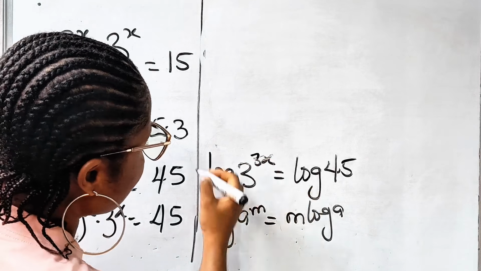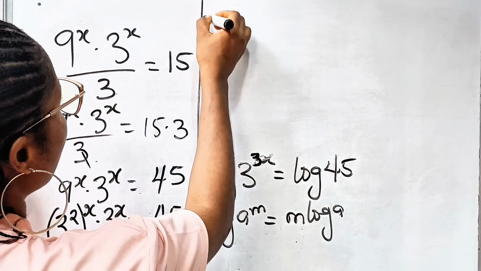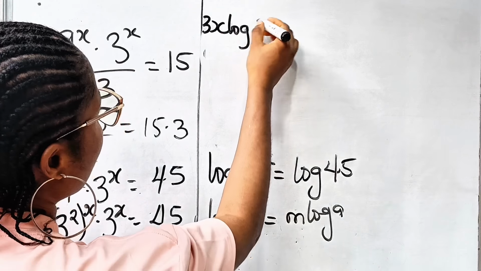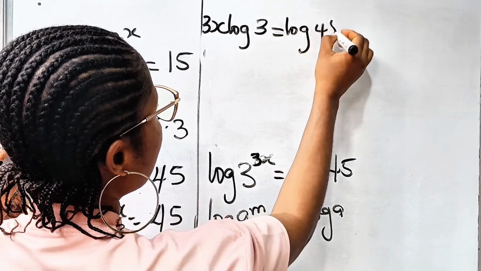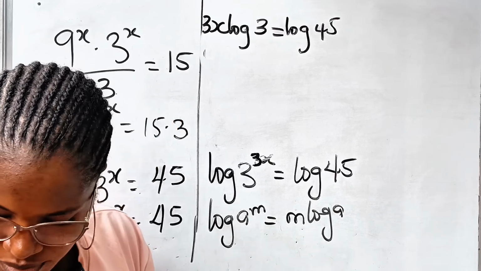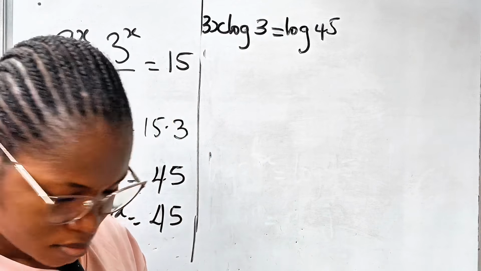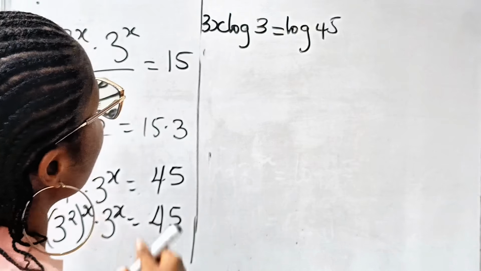So we have this, remember? So this 3x comes down. We have 3x log 3 is equal to log 45. Now I can clean this. I just want to be sure my mic is still on.